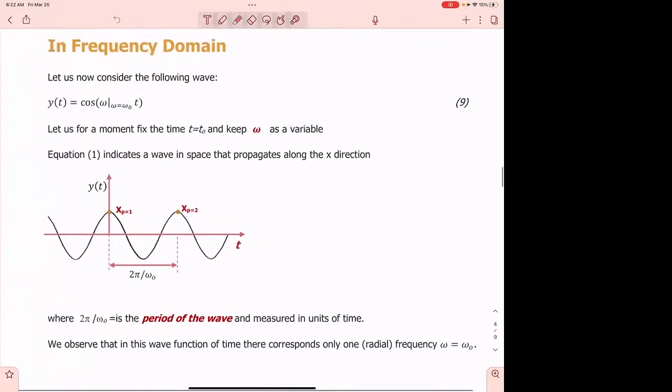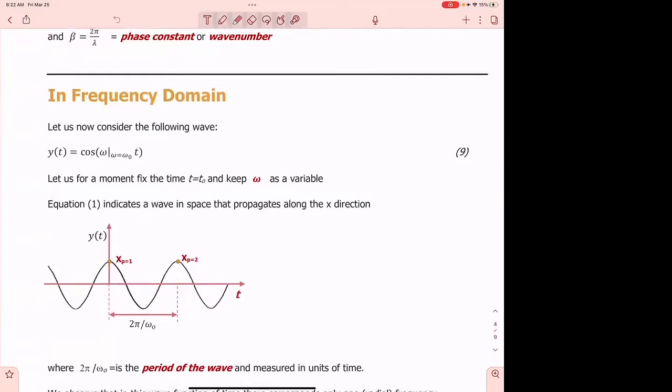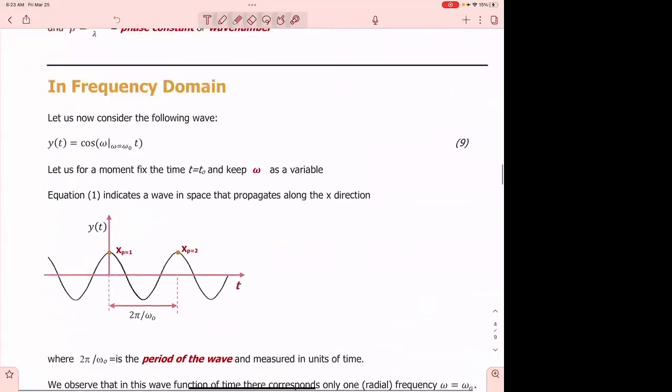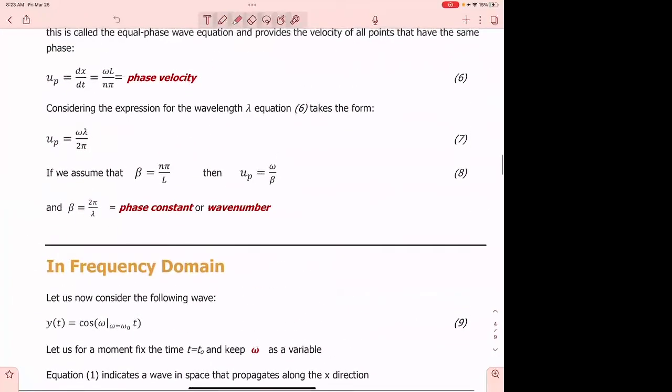So that's what we have seen so far: the period, the wavelength, of course, the radial frequency, and the wave number. And at the end, we also derive the phase velocity, or the velocity of the wave, which is the radial frequency divided by the wave number.